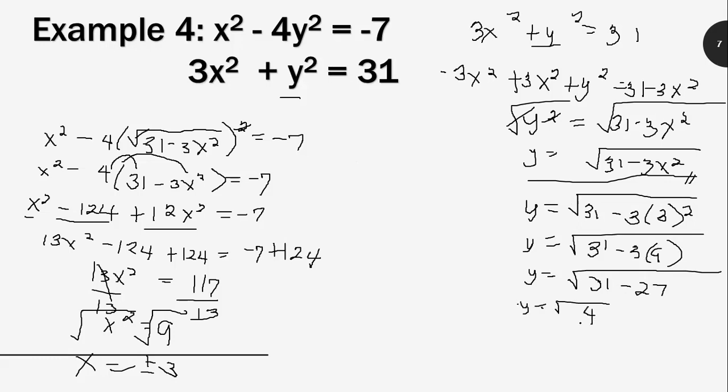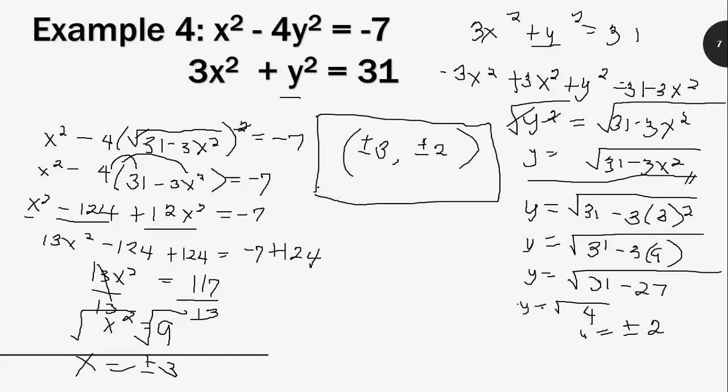So square root of 4, we have y is equal to positive and negative 2. So our coordinates or the solution, x is positive negative 3 and our y is positive and negative 2. So that's our solution for example number 4.